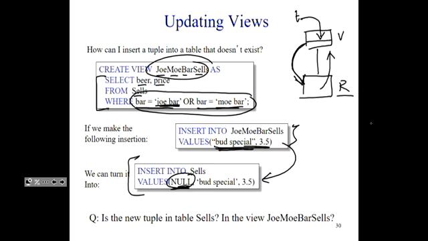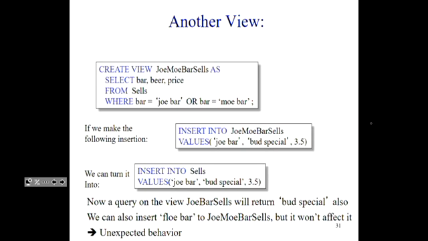And that's because the query did not clearly identify a value for every one of its attributes. It only selected some of the attributes corresponding to beer and price. It didn't select a single value for bar. Okay, so let's switch to the next example.